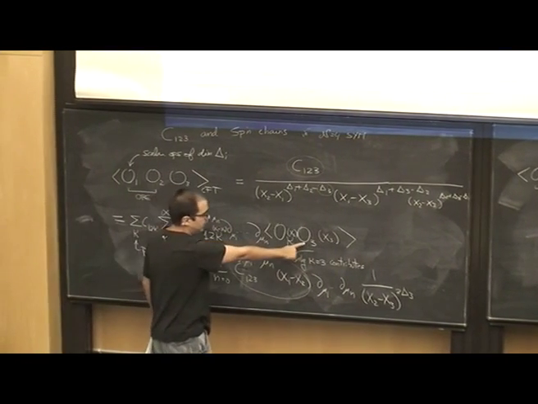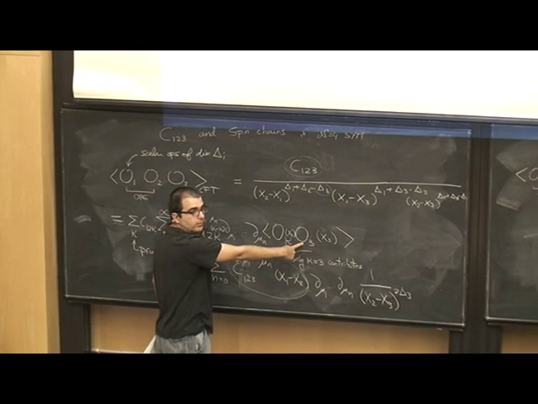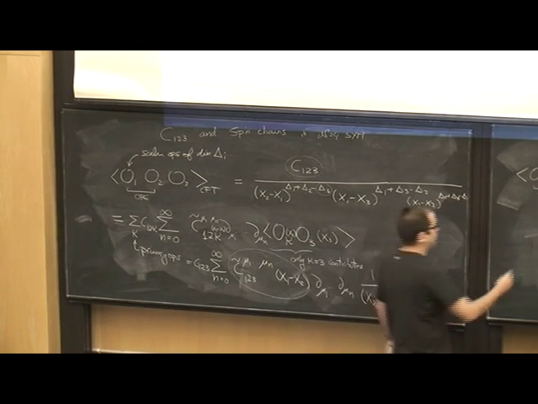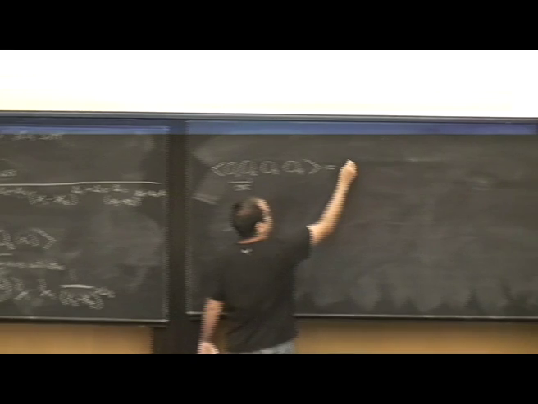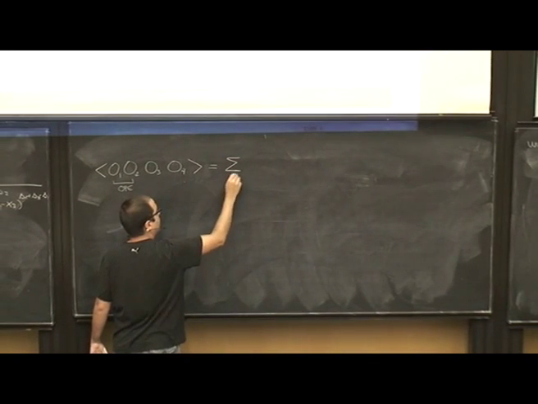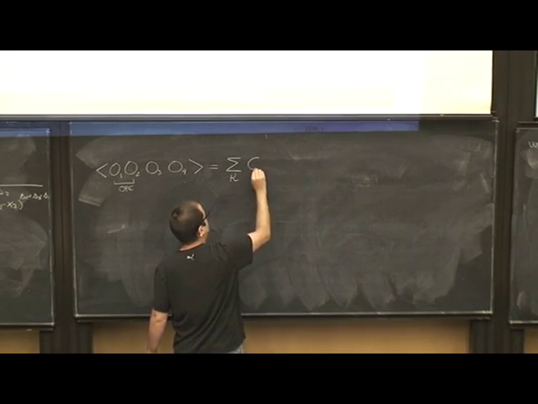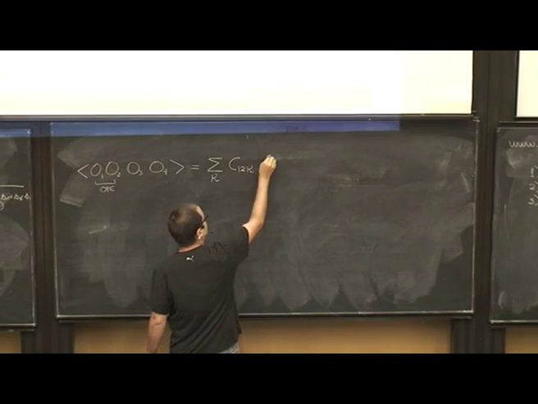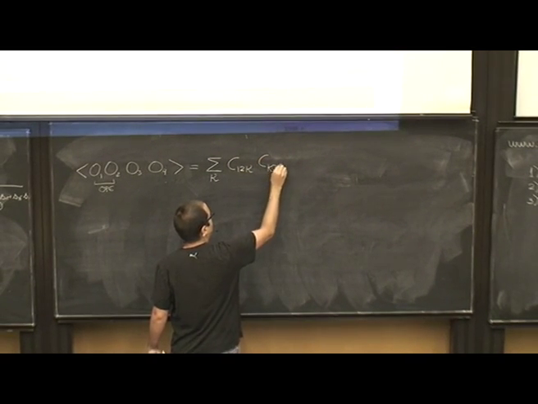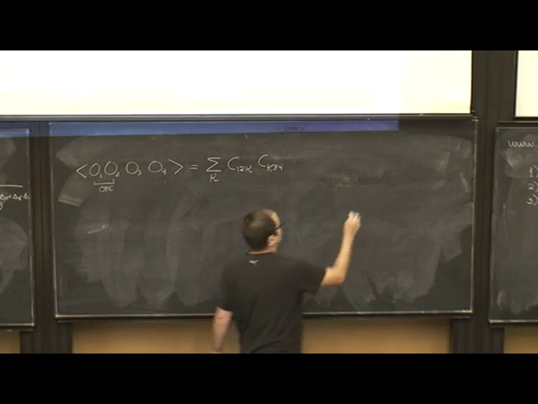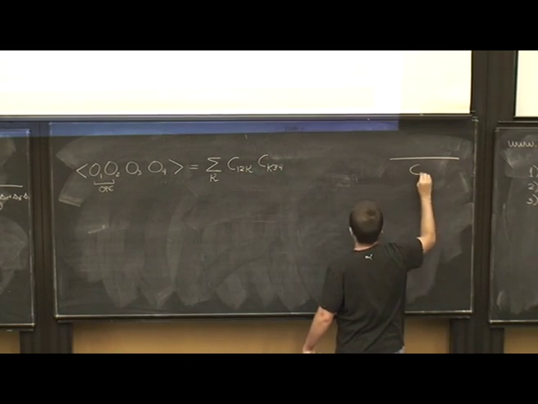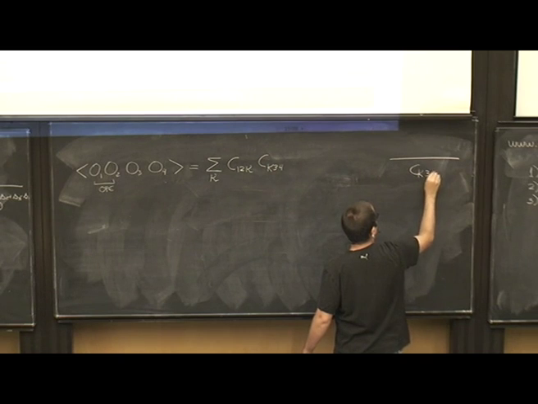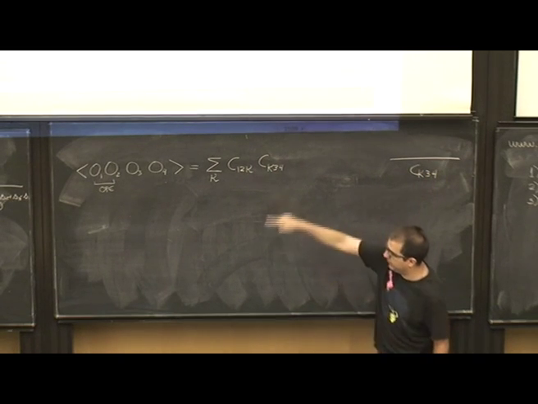Is it clear? So what would we get? We will get a sum over k, C1, 2, k, the same thing as there. Now let me take out C k, 3, 4, but then whatever I will put here, I will divide by C k, 3, 4, because this is not there.